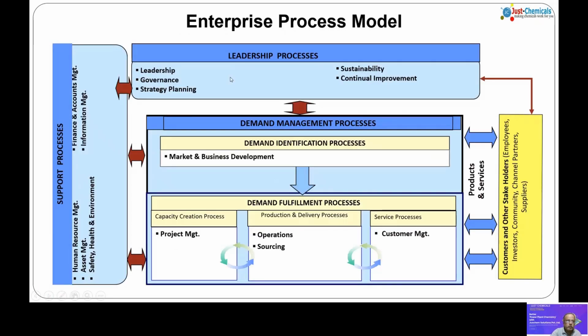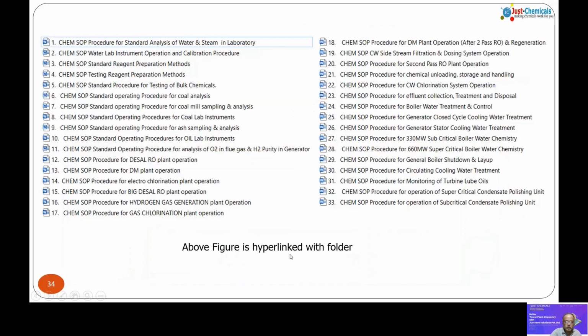We'll actually be going through this EPM process, the enterprise process model, where we come under operations, and here we have main plant operations as our customer, or ash handling as our customer. Then we'll talk about all these 33 SOPs which are shown in this figure.